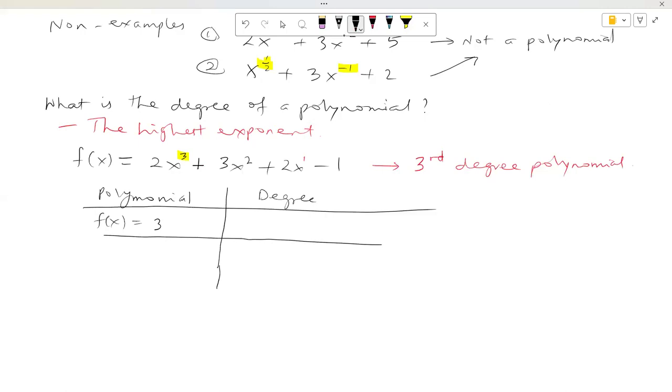What will be the degree of that constant? If you have a constant term, the degree of that constant term is 0. Now, what about if I give you f of x equal to 0? What is the degree? If your function is equal to 0, there's no degree. There's no degree when it's equal to 0.